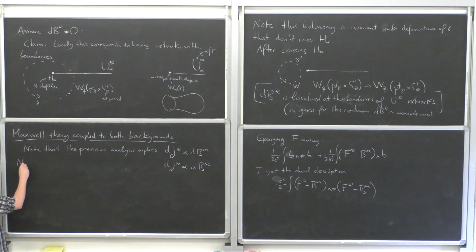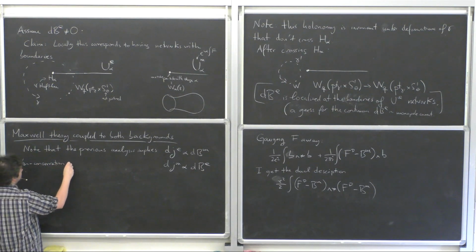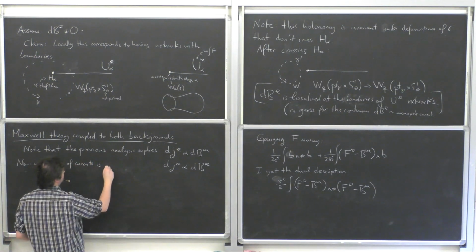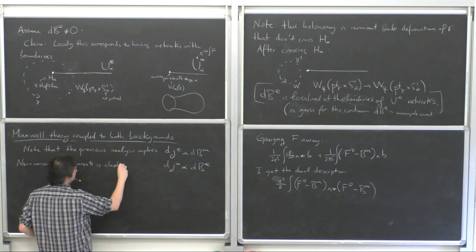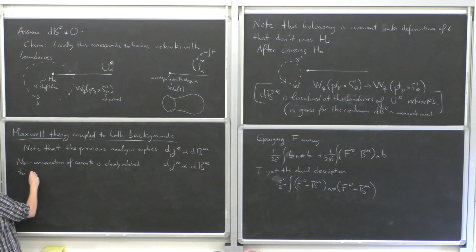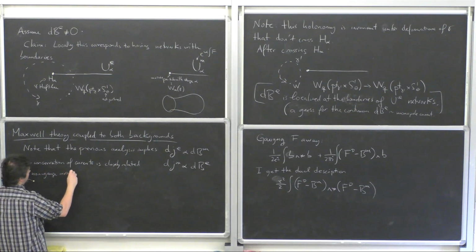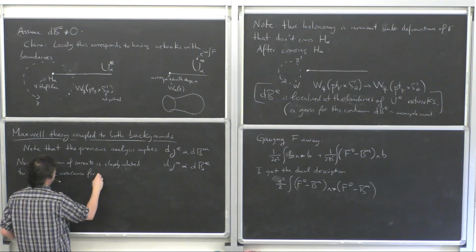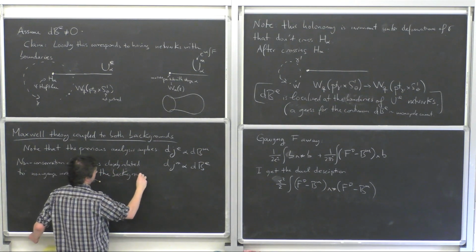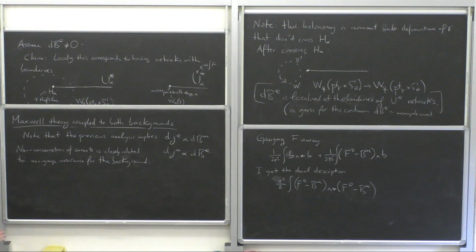Now, non-conservation of currents is closely related to non-gauge invariance for the background. So these concepts are very, very closely related, and the argument is the following.